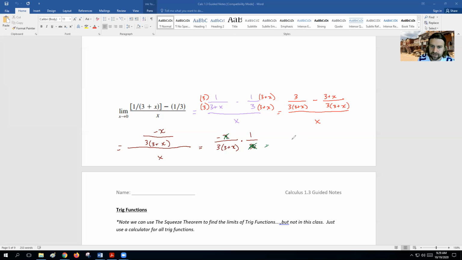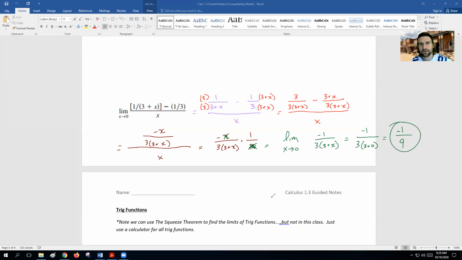And we are left with the expression, the limit as x approaches 0, of negative 1 over 3 times 3 plus x, which is something we can use direct substitution for. So what's negative 1 over 3 times 3 plus 0? Let's see, that'd be negative 1 over 3 times 3, which is 9. Negative 1 over 9.